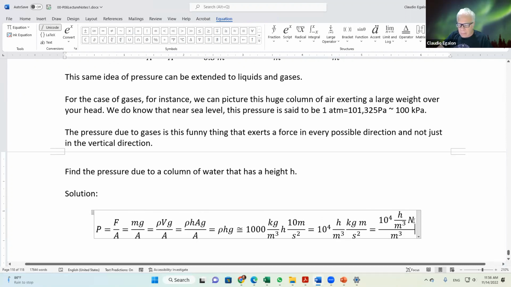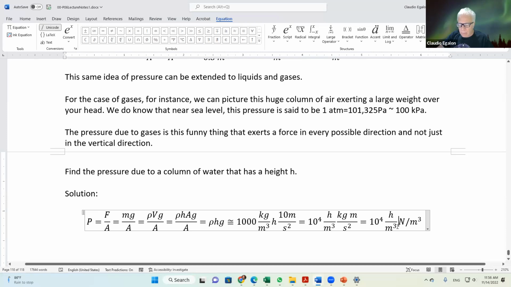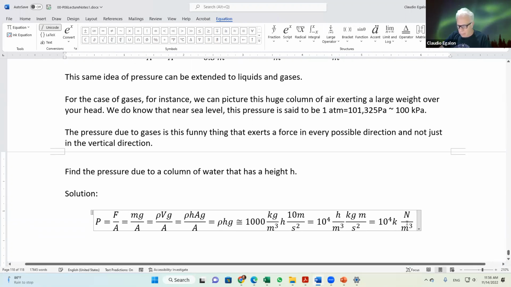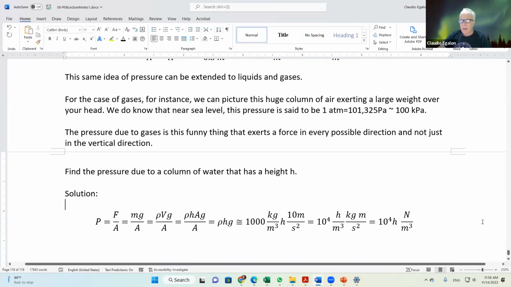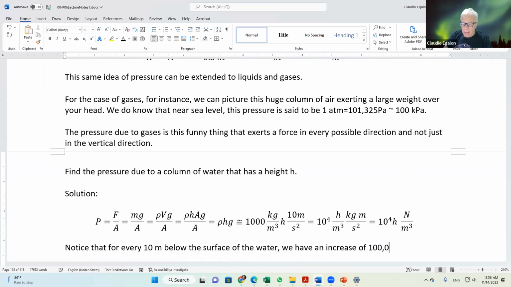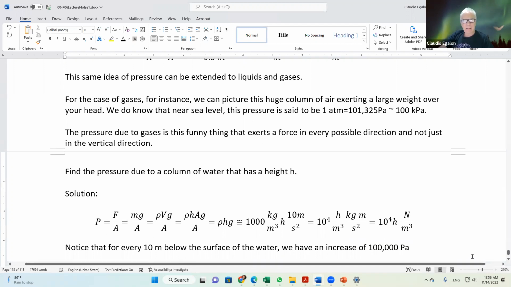Okay, now it's better. And what else can we do? Note that for every 10 meters below the surface of the water, we have an increase of 100,000 Pascal.